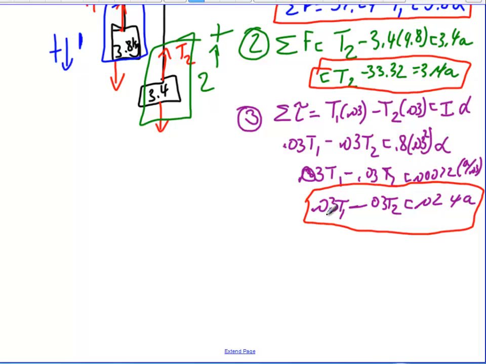So if I look at this equation right here, 0.03 T1 minus 0.03 T2, so I'm going to go ahead and I'm going to divide everything by 0.03 just so I can get rid of that. And if I do that, I get T1 minus T2 equals 0.024 divided by 0.03, which is 0.8, equals 0.8A.